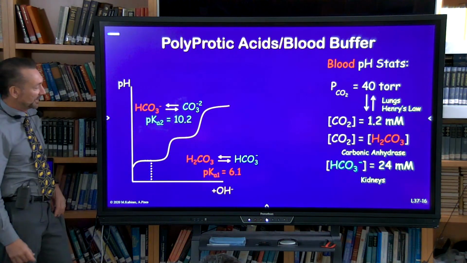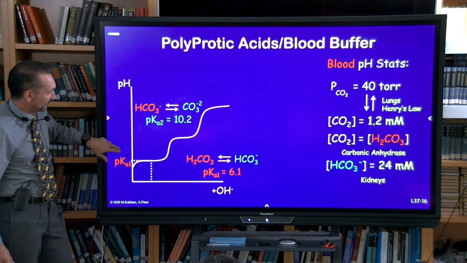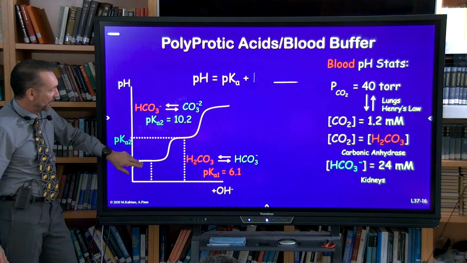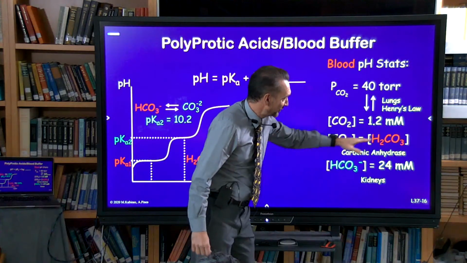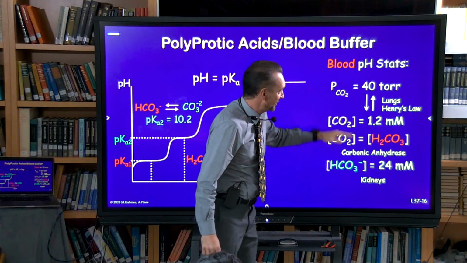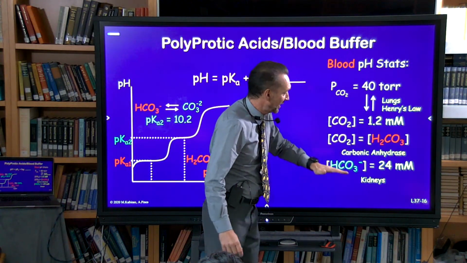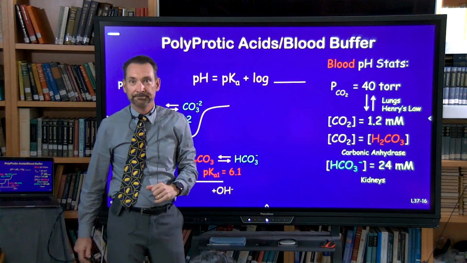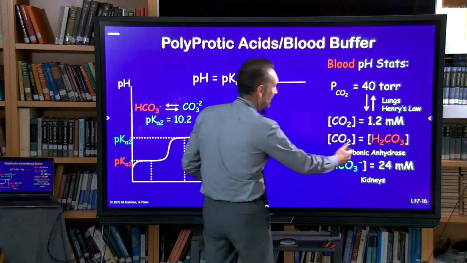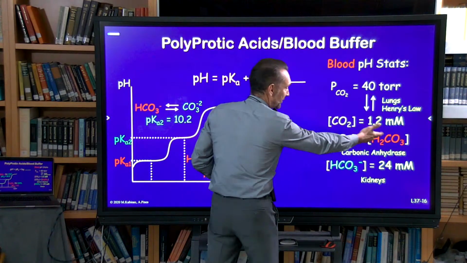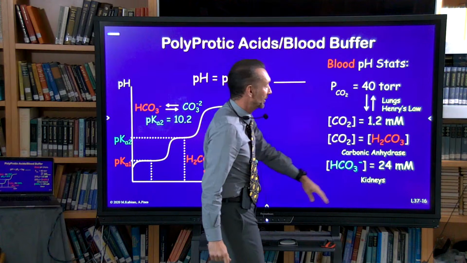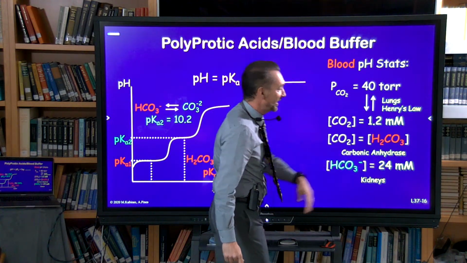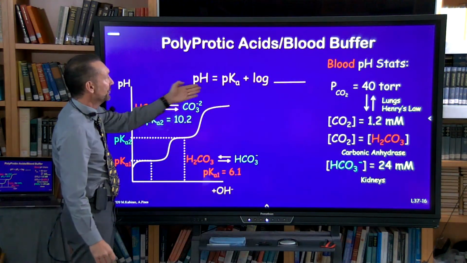So you can calculate about what your blood pH is based on these concentrations that your lungs, carbonic anhydrase, and kidneys are maintaining. They maintain a carbon dioxide slash carbonic acid concentration of about 1.2 millimolar and the conjugate base at about 24 millimolar.